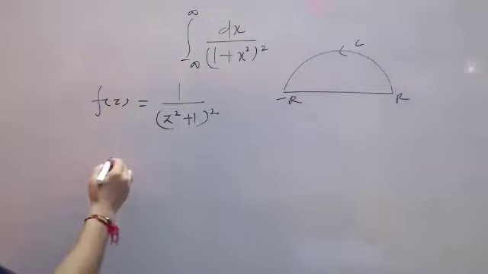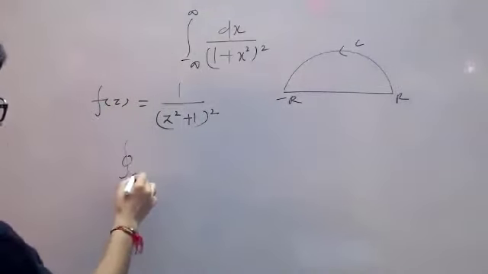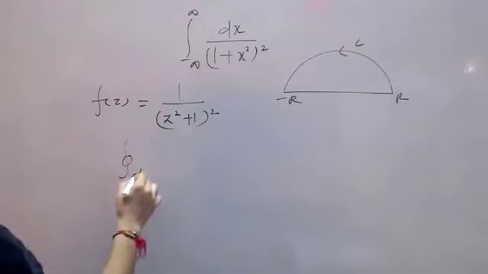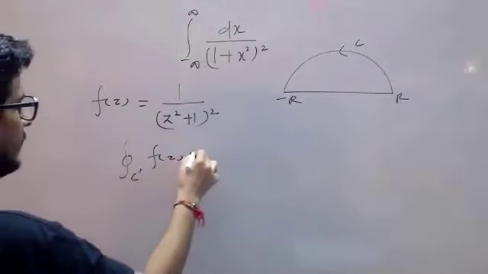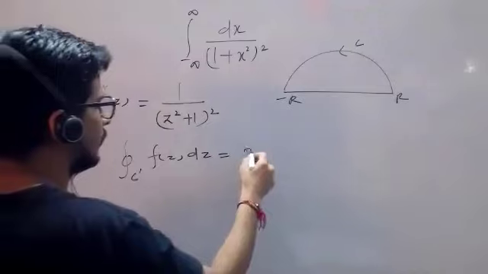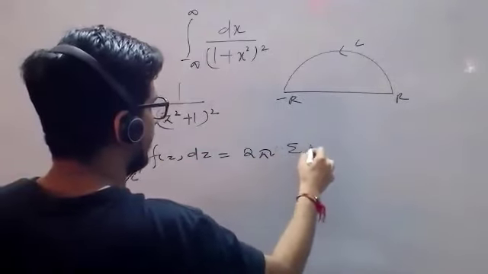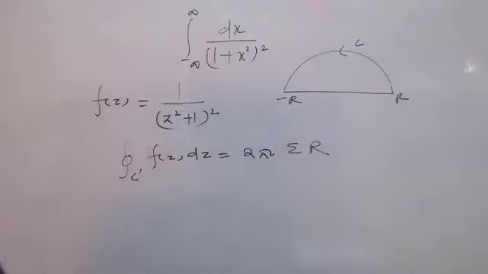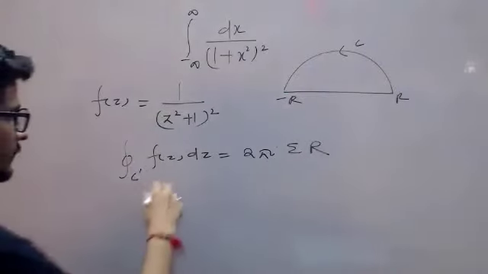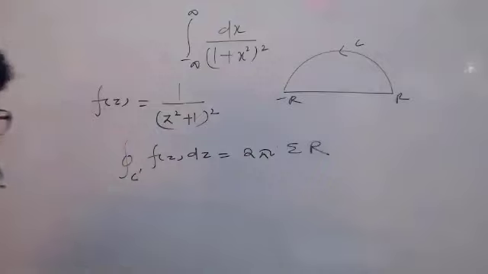I will write this contour integration over c dash of f z dz is equal to 2 pi I or pi I depending on where it is lying, but let me write it generally, 2 pi I sum of residues.